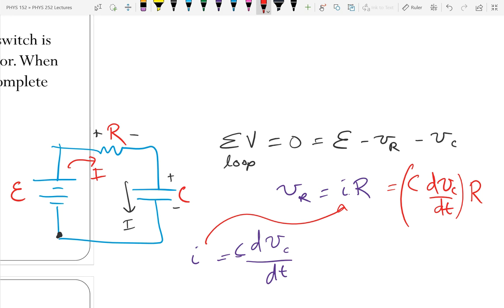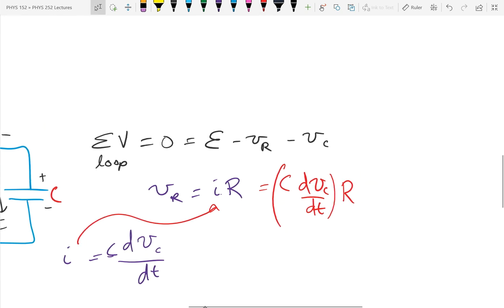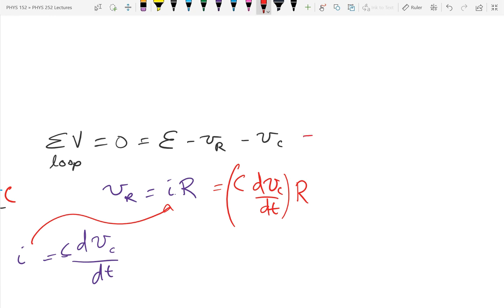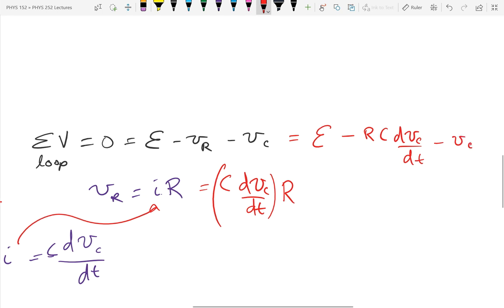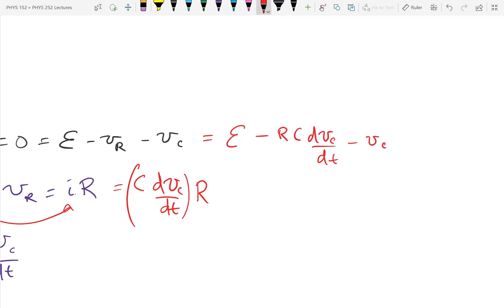So now if we look at this equation, substituting V sub R, we have that.